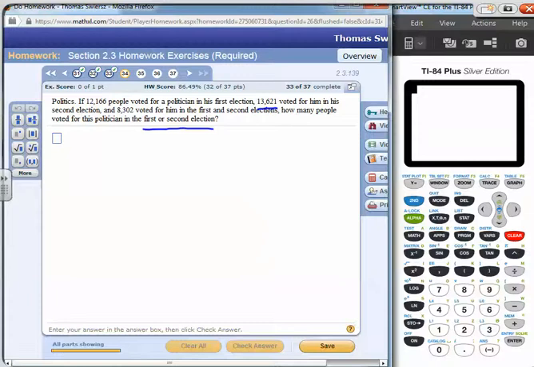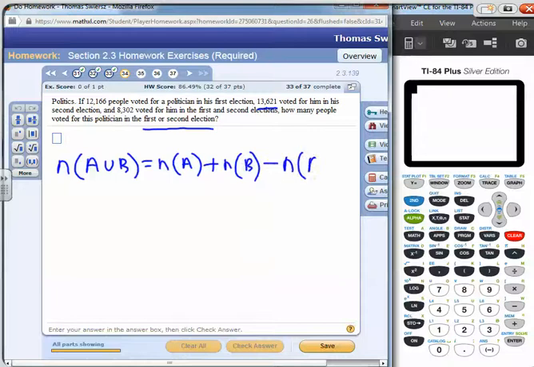Actually, you can do a Venn diagram, or you can just use the formula. The number of elements in A or B, the first or second election, is the number of elements in A, first election, plus the number of people who voted for the second election, minus the number that voted for him in both A and B, the first and second election.